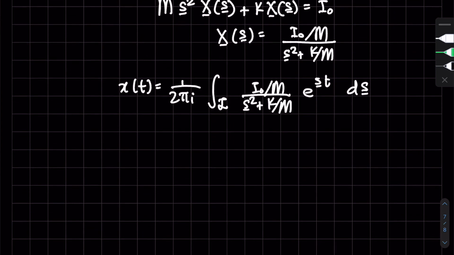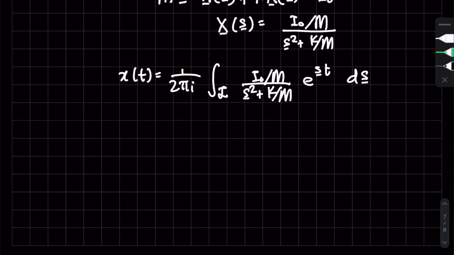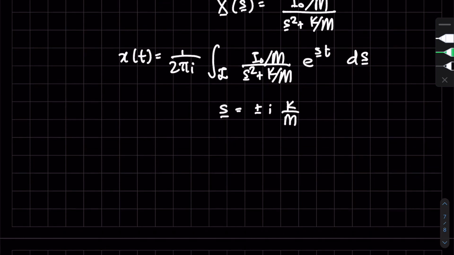So there's that argument. There's also the argument that the poles of this are at plus minus i square root of k over m. Maybe I should take the square root.